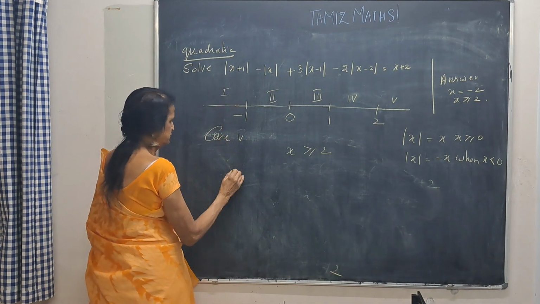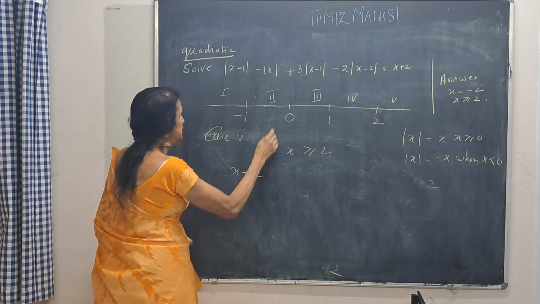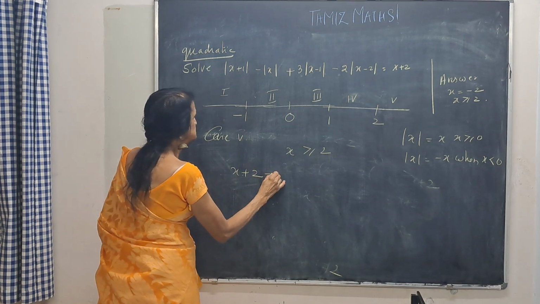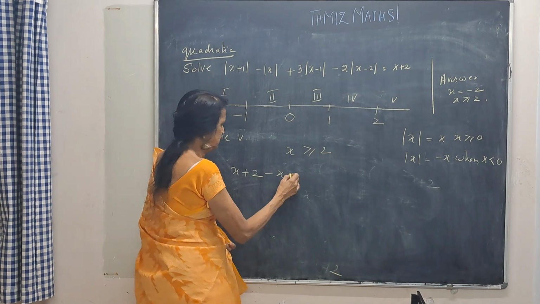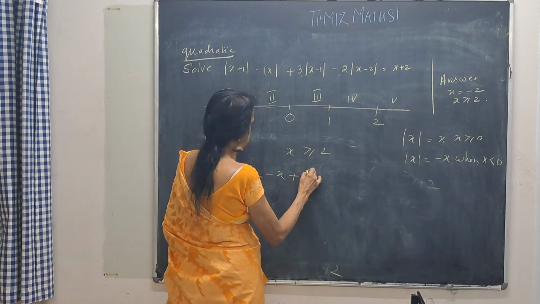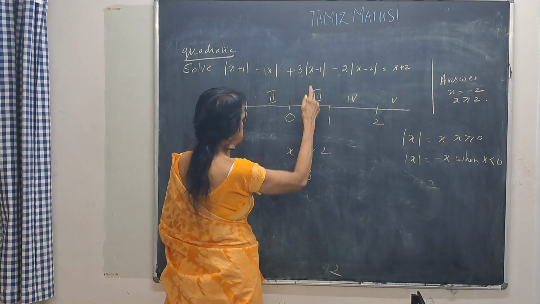This is positive. This is positive. So positive means x will come, in front you have a minus sign. That's all. A few minutes, then we will be getting the answer. This is also positive.